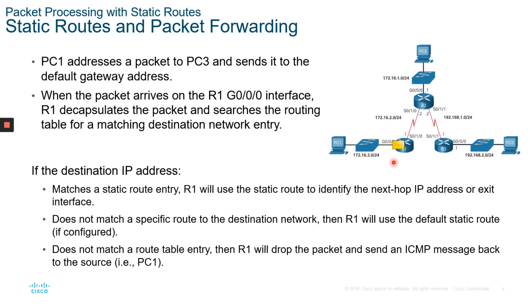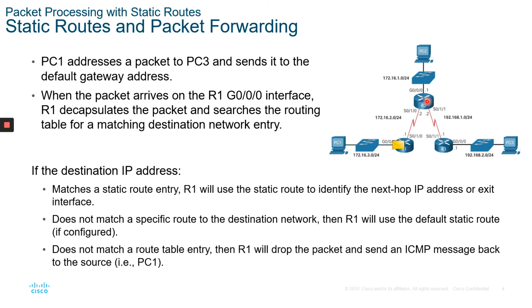Over here again, one more time, PC1 is going to send a message to PC3. It will go to the default gateway address, which is R1. R1 will de-encapsulate the packet, look at the destination address and look for a matching entry in the routing table. If it finds it, it will send it to the next hop IP address, which is R2 in this case.